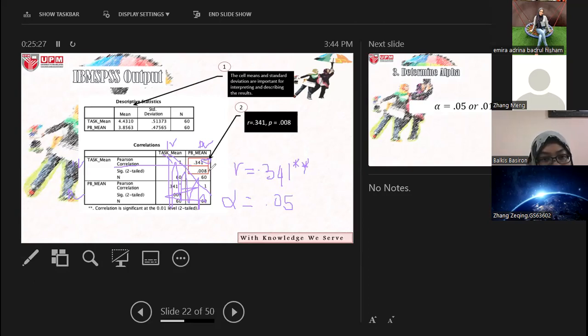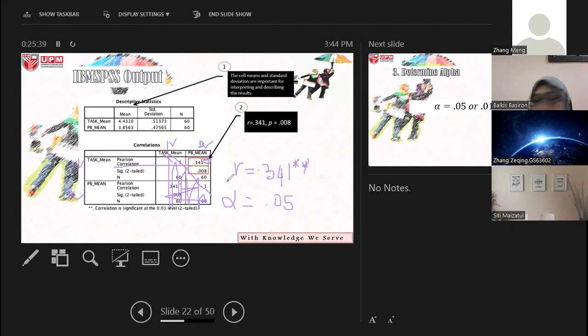Significant or not? Okay, is our significant value lesser or larger than 0.05? Smaller. Smaller. So since it is smaller, so significant or not? Significant. Okay, so 60 ni reflects our sample size.